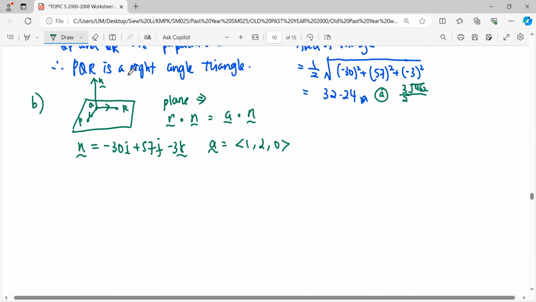Then we put it into the plane equation, where r is substituted as x, y, z, and n as (-30, 57, -3). The position vector of a point is (1, 2, 0). Then we do this dot product, x times x, y times y, and z times z.